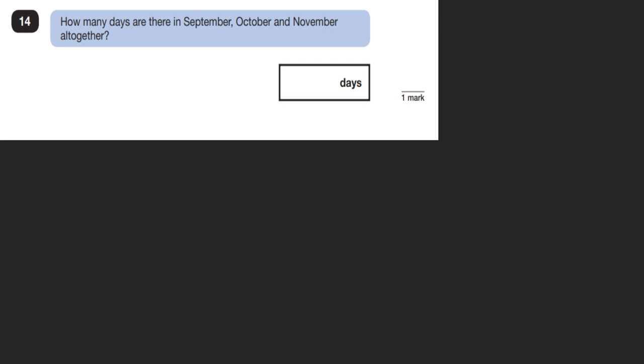Question number 14. How many days are there in September, October and November altogether? So you need to do the knuckles method: January, February, March, April, May, June, July, August, September, October, November, December. So they are asking September, October, November.